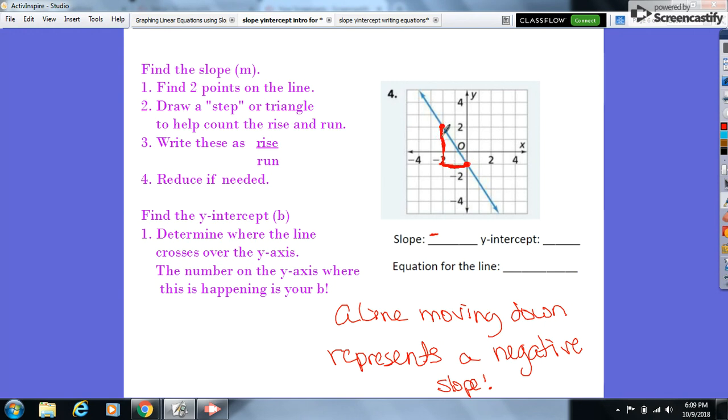I have it go down just to remind me, hey, I'm actually counting down. That's where my negative symbol is going to come in. Now, count my rise and run. 1, 2, 3. So I went down 3. 1, 2, over 2. So my slope is then -3 over 2.